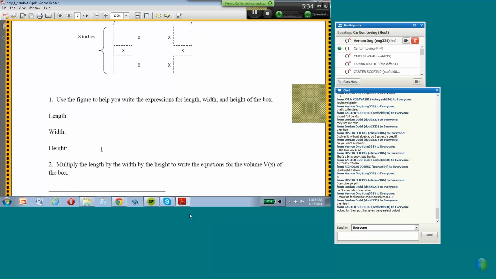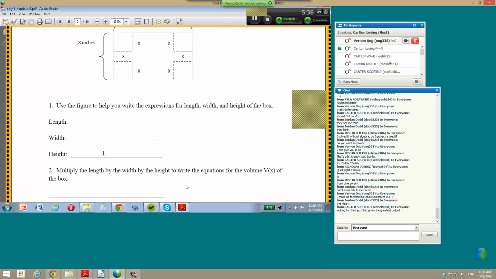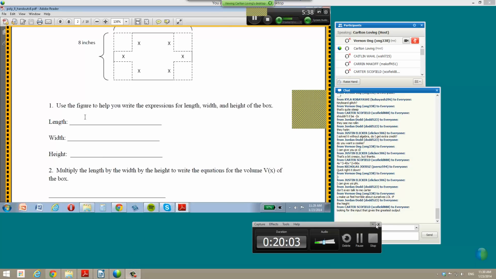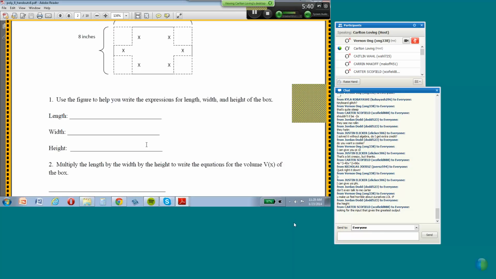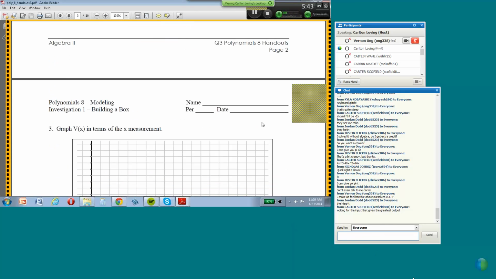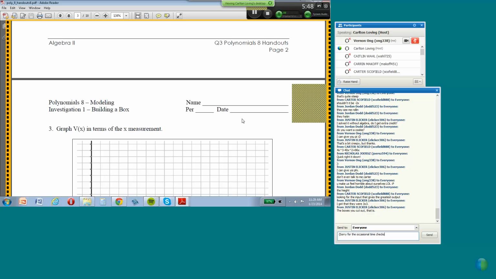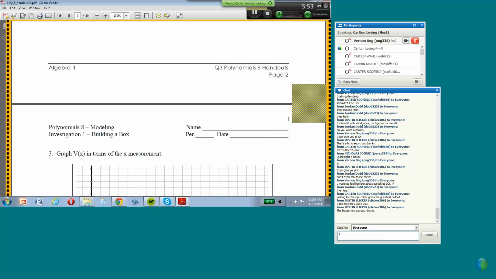And then that is going to determine my volume, because I'm multiplying the length, width, and height. If you scroll back up, you can see 4x cubed minus 40x squared plus 96x. That is what Carter put up there.